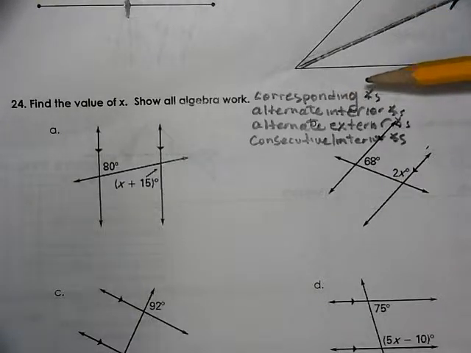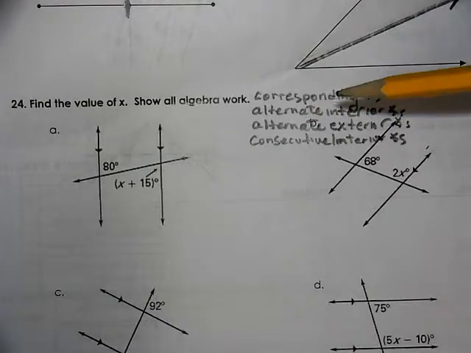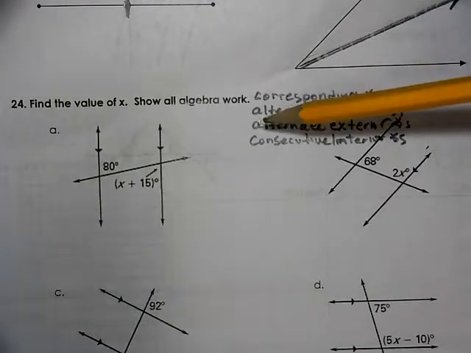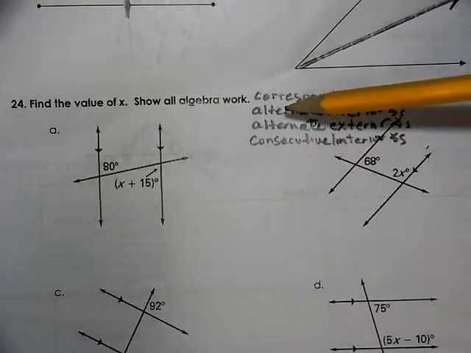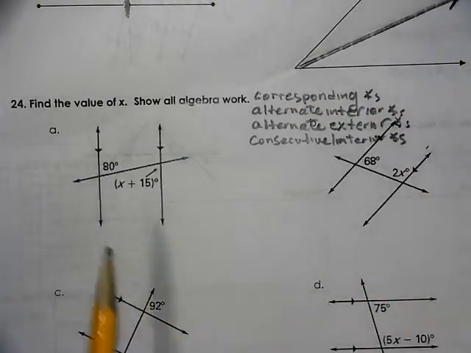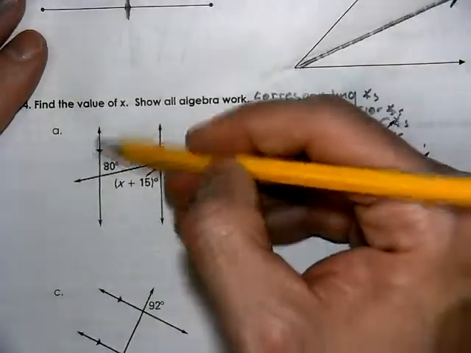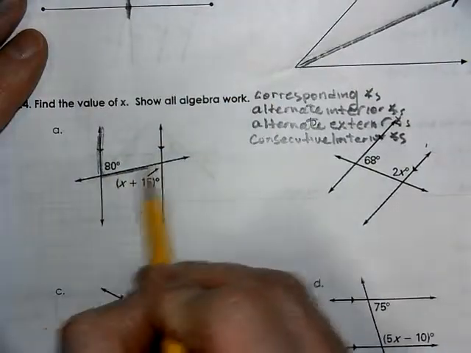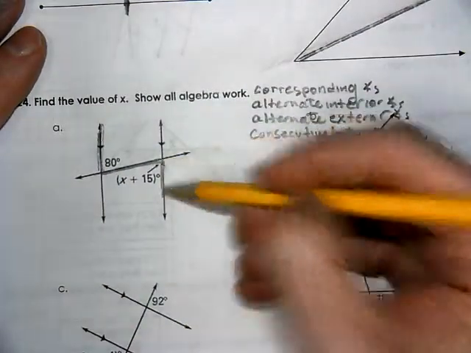Corresponding angles, if the lines are parallel, then corresponding angles are going to be equal. If two lines are parallel, then alternate interior angles are congruent. When we look here, we see this Z shape being formed.